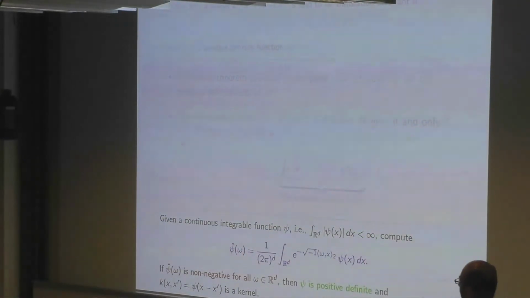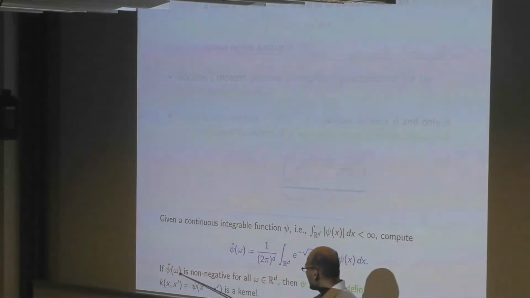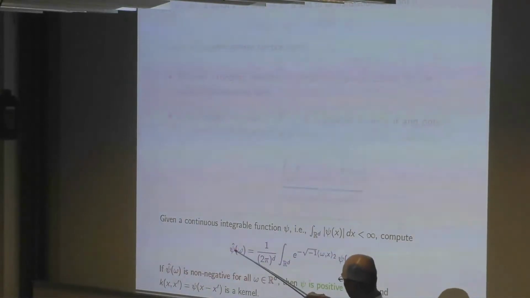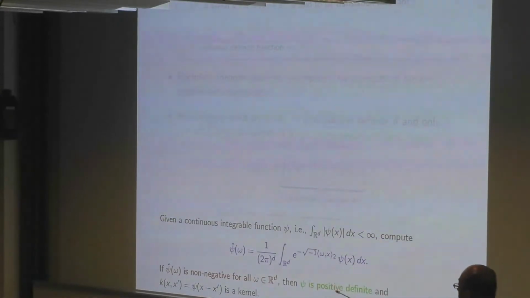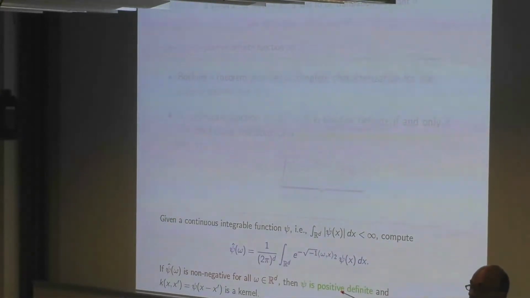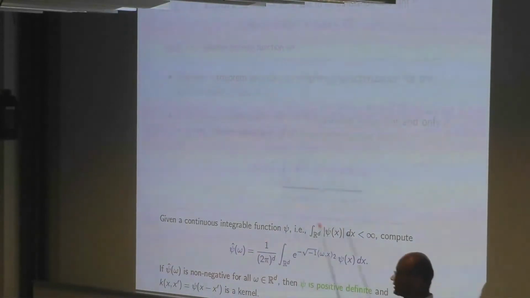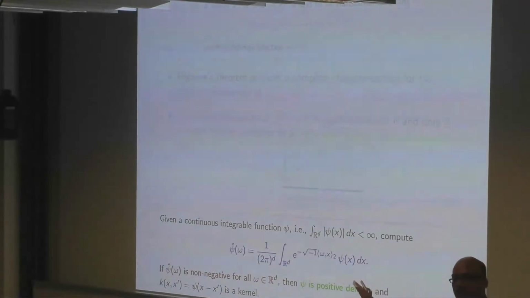Now let us check whether c hat is non-negative for all points in R^d. If that is the case, c is positive definite, and the corresponding bivariate function is a kernel. I hope you follow the reasoning here.